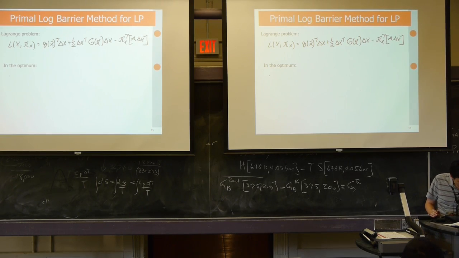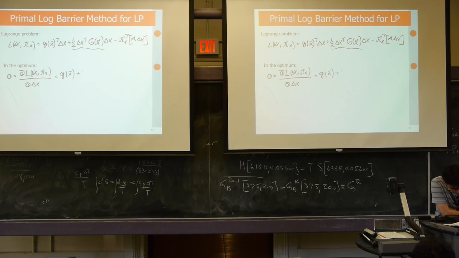In the optimum, we have that the derivative of the Lagrange function is zero. So what's that? The derivative of the first term is g(x bar). And the derivative of this is a linear function, g(x bar) multiplied with delta x.